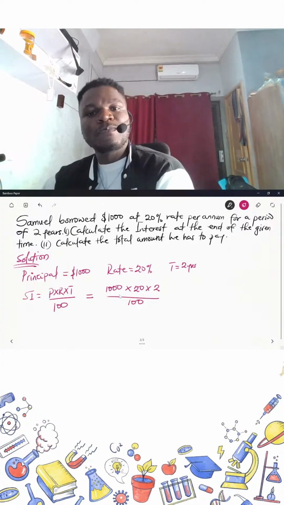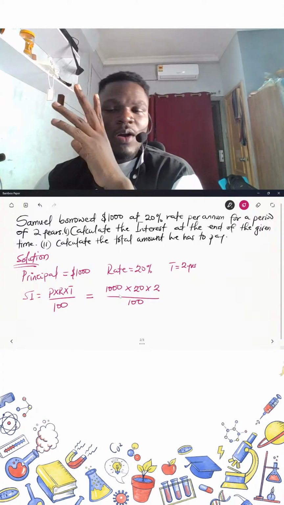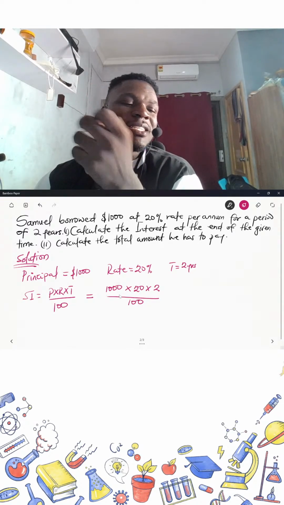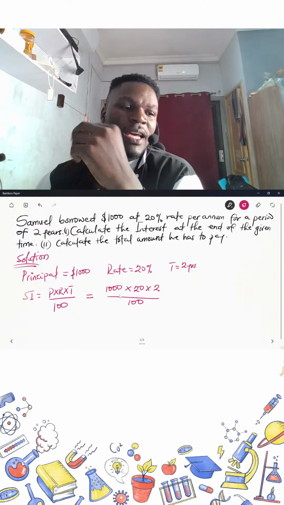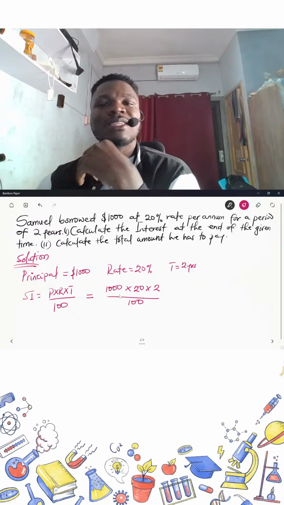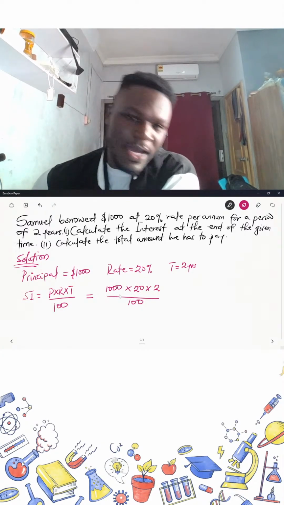So this is the substitution that I have to do, right? Now, the question could have asked, calculate the interest at the end of each year, okay? Which means you have to calculate for the first year and then the second year and add the two, that will give you the total interest. But this one, they just say we should calculate the interest at the end of the 2 years, okay? So we'll go ahead and do that.